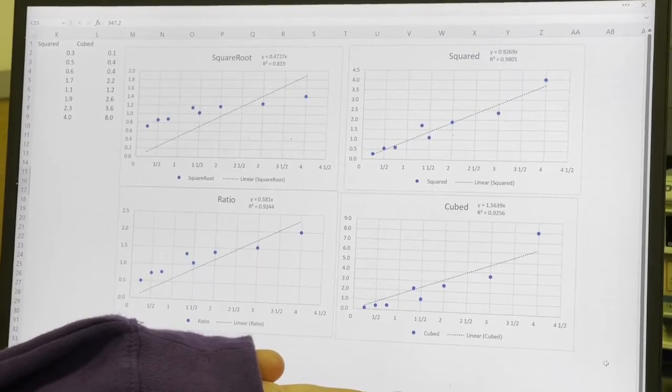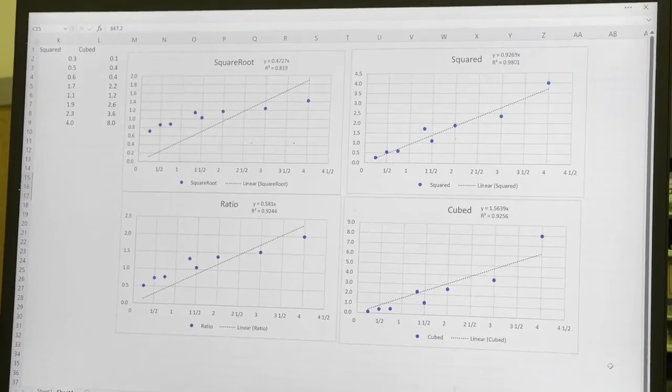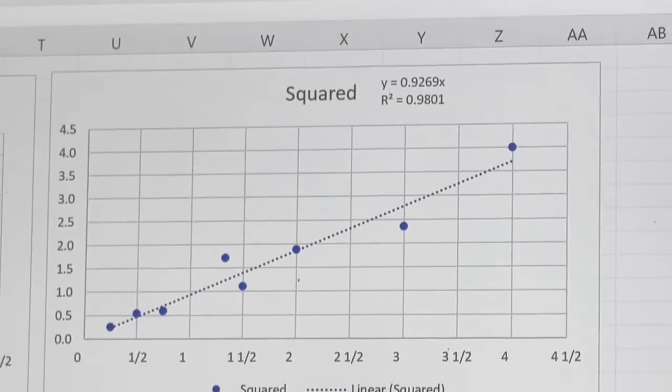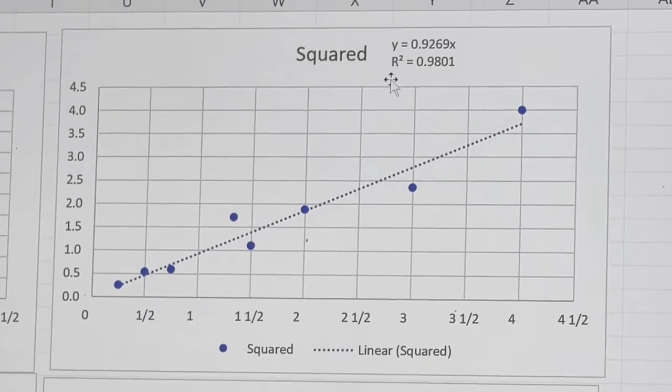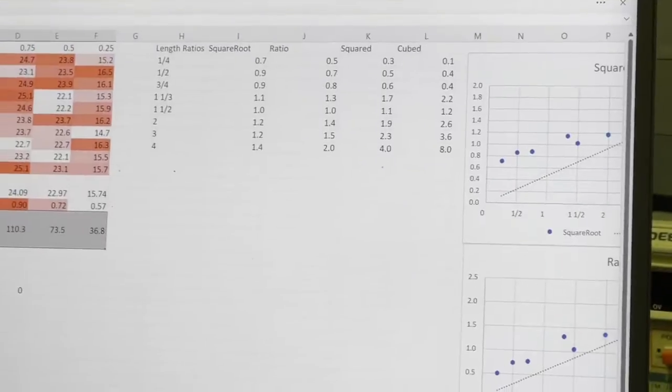And the graphs look like this, with the length ratios on the x-axis and the y-axis being our times. The most linear one was, of course, the squared, and the equation for that was y equals 0.9269x. And then when we come back over here, the uncertainty of our slope and the uncertainty of our times and lengths.